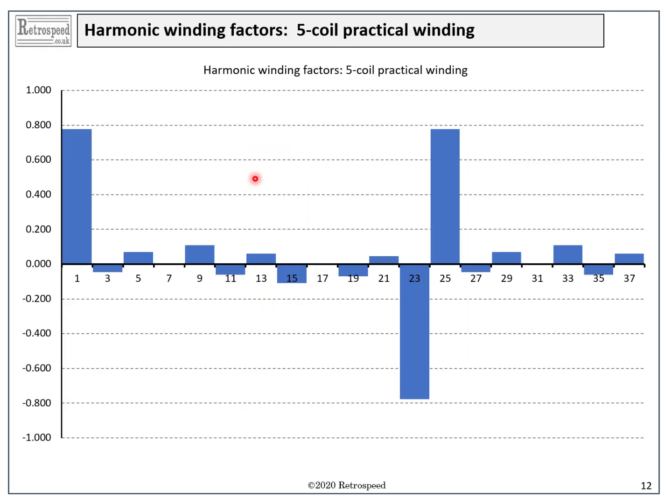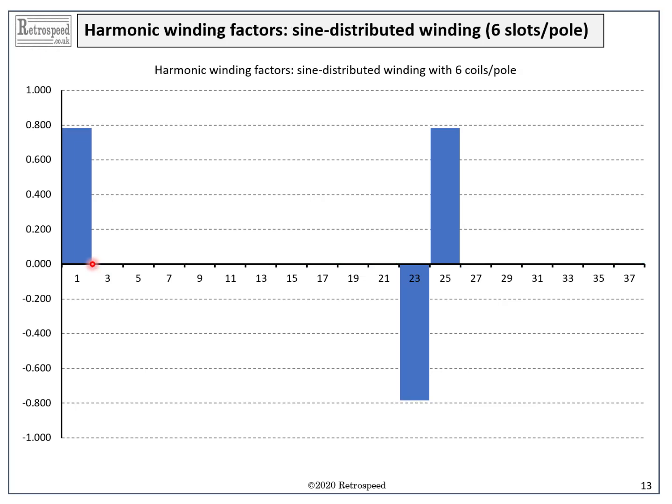Now, if we look at all the harmonic coefficients using Fourier series, we get a chart like this one for the practical winding and this one for the sine-distributed 6-coil winding. It's clear that with the sine distribution we have eliminated all the low order harmonics, but these two, the 23rd and 25th, have the same winding factor as the fundamental.